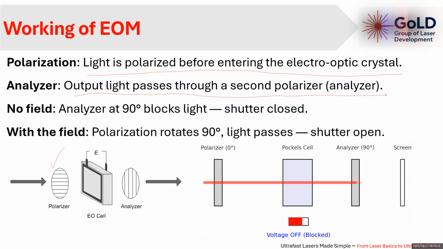Okay. So if there is no field, light passes through, no effect on the light when it passes through the crystal. But this light will not be passing through all the way because of the analyzer.